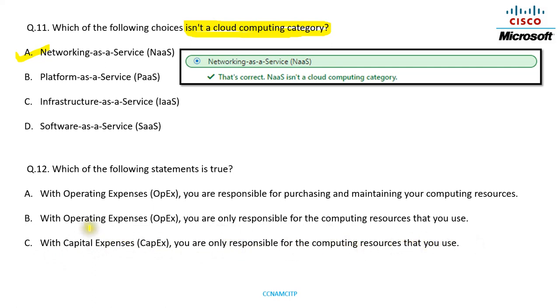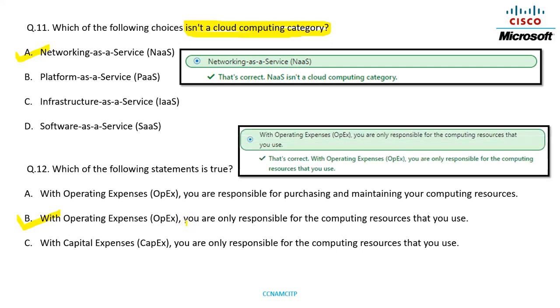So the answer goes to B, because operational expenses are all about what you are using. And let me reveal: you are only responsible for computing resources that you use. So the answer is B here.